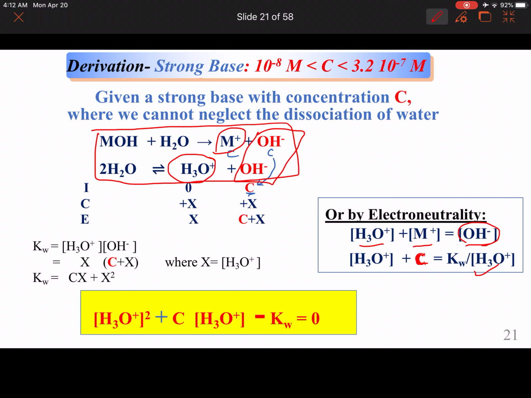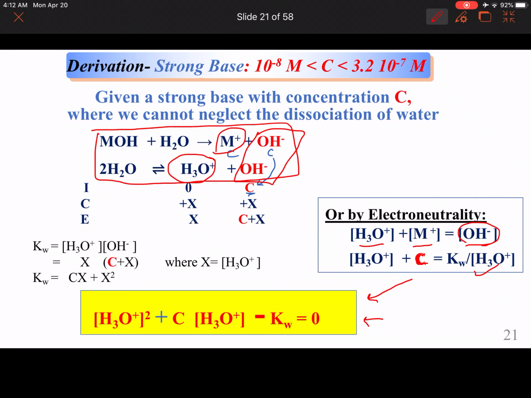And now, multiply everything by H3O plus, put everything on one side, and voila. You also get the same answer. So both are really easy methods to follow in case you forget this equation, okay?